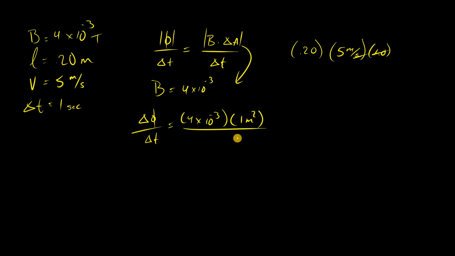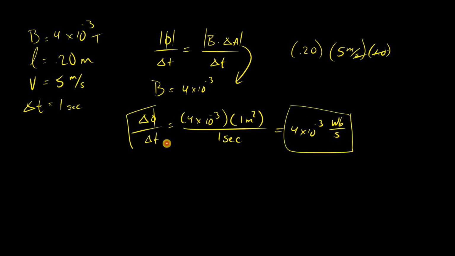And then at the very bottom, you're going to have that all happens in 1 second. Notice 1 sig fig. And so very simply, you're just dividing and multiplying by 1, so 4 times 10 to the negative third, and this is in Webers per second. We're finding the change in flux in a certain amount of time. The reason we have this unusual fraction is because we're looking for a rate, the number of lines in a certain amount of time. So that's number 4. Let's look at number 5 together.